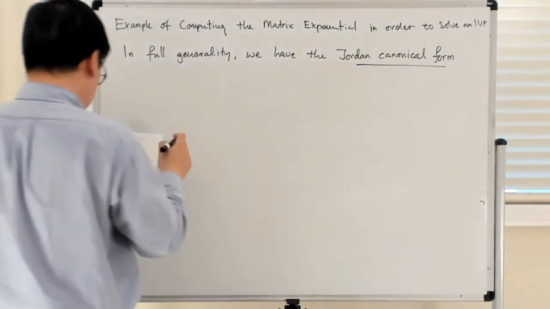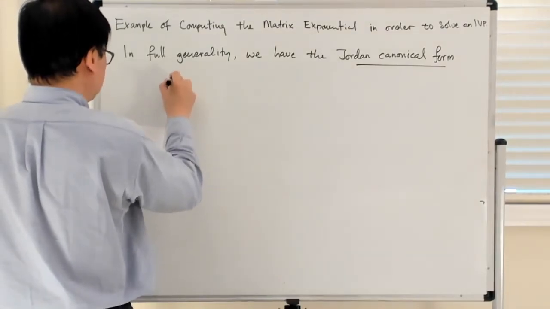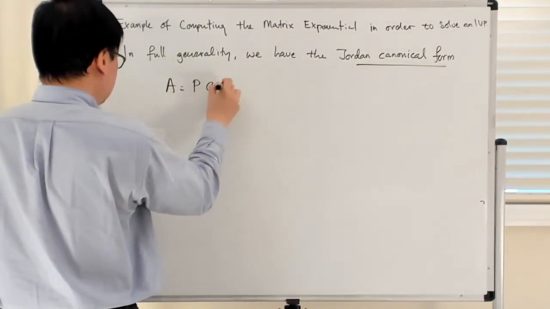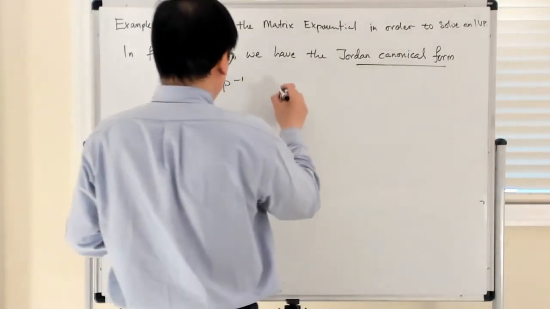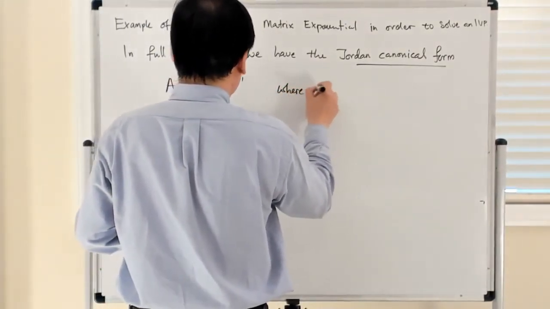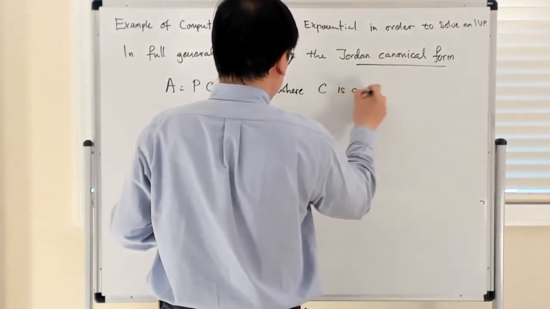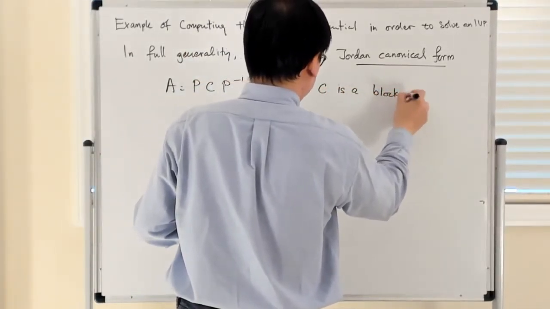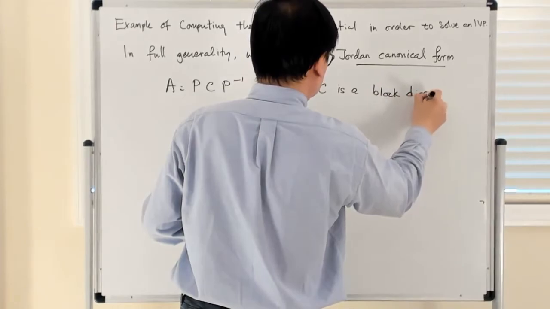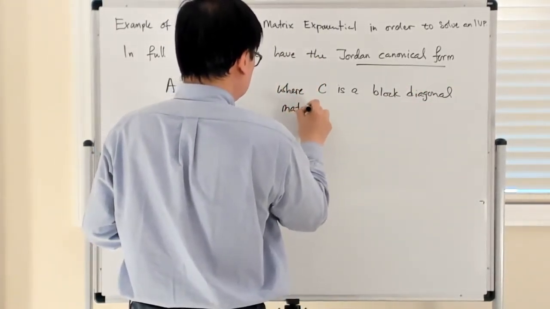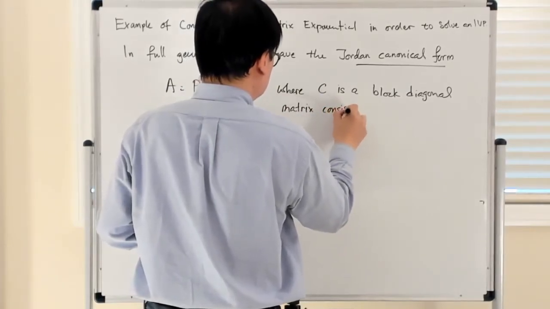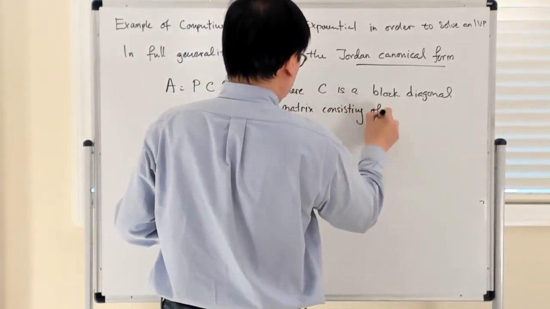Okay, where you can write A equal to P C P inverse, where C is a block diagonal matrix consisting of Jordan blocks.